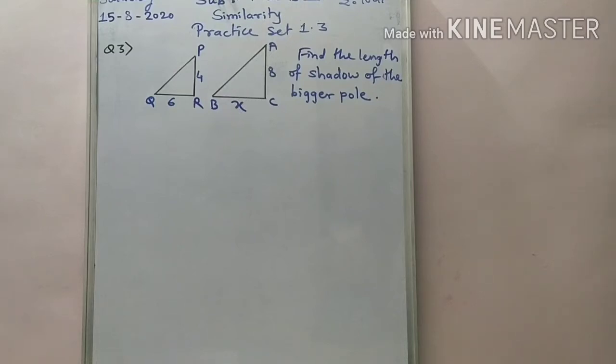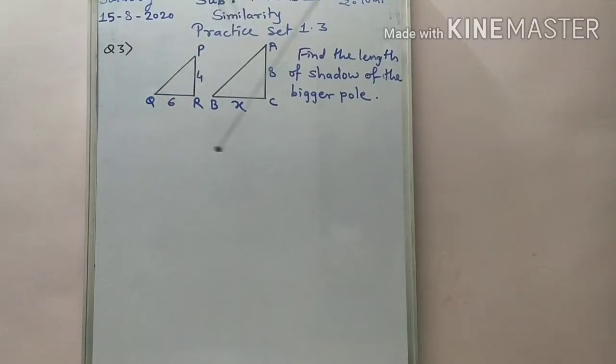To solve this kind of example, students, we again use the same property of similar triangles. We take these two triangles as similar. It is not required to show that these two triangles are similar. We can directly take both triangles as similar, and if two triangles are similar, then corresponding sides are in proportion.